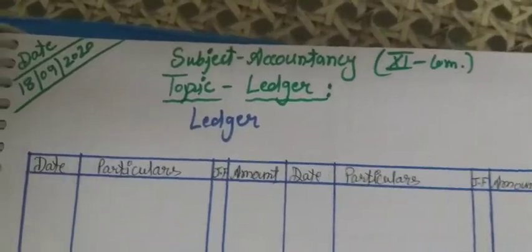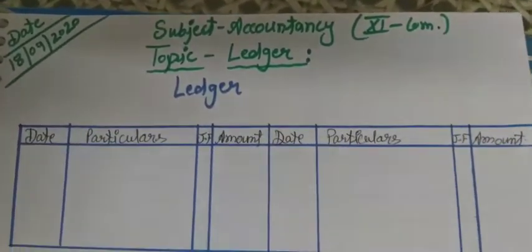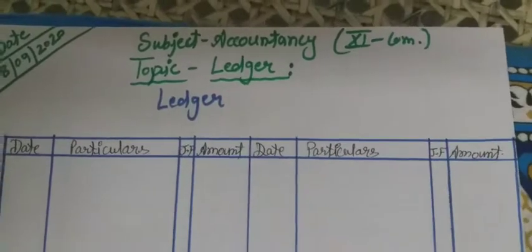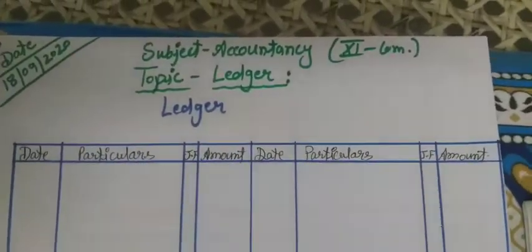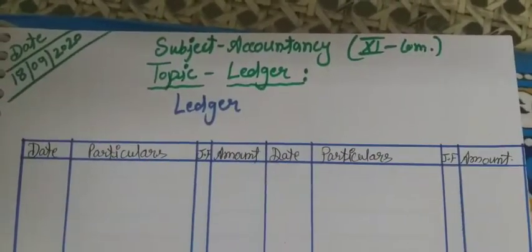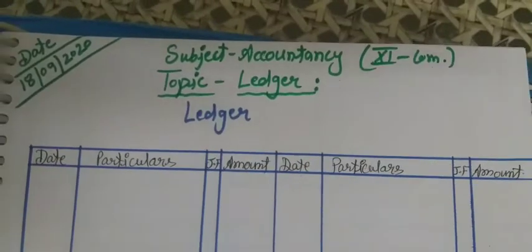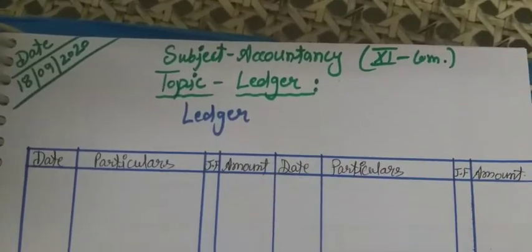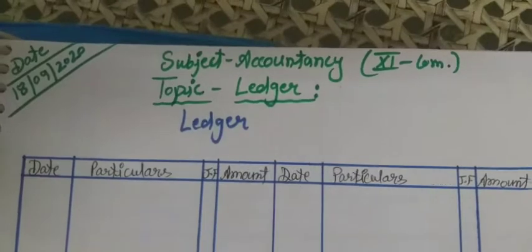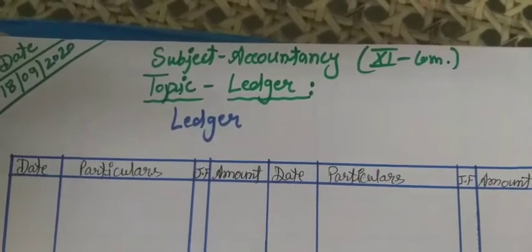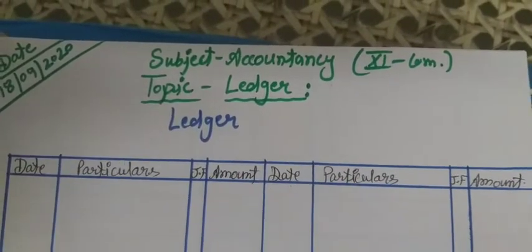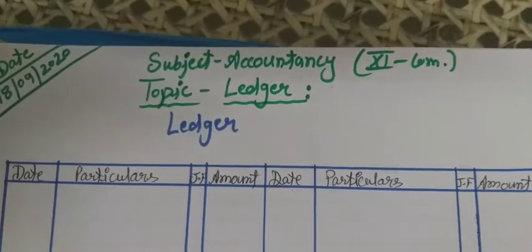So students, in the last class we recorded journal entries from the given transactions. Now we have to prepare the ledger for those transactions.